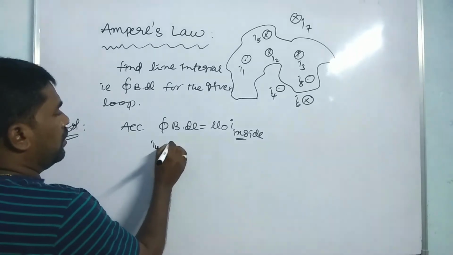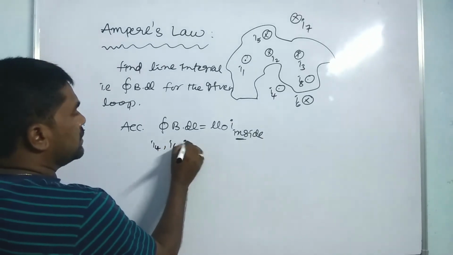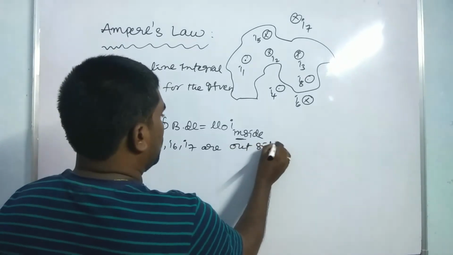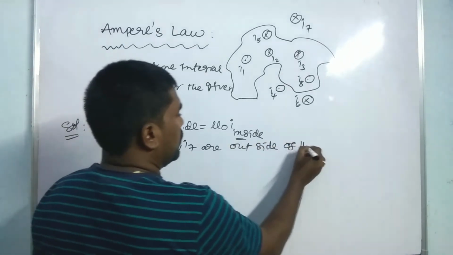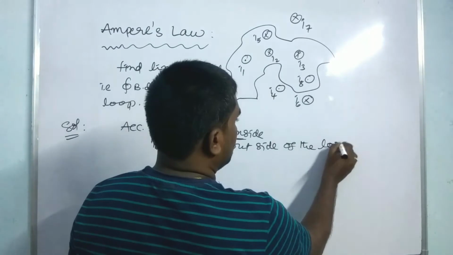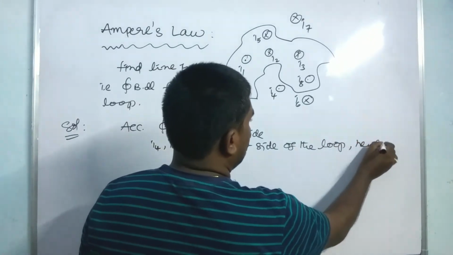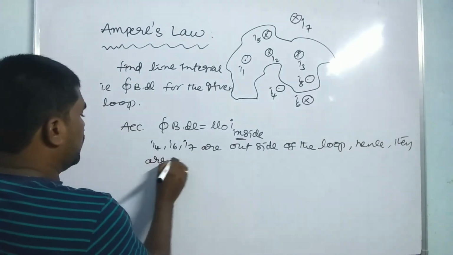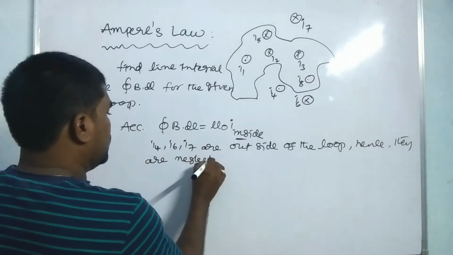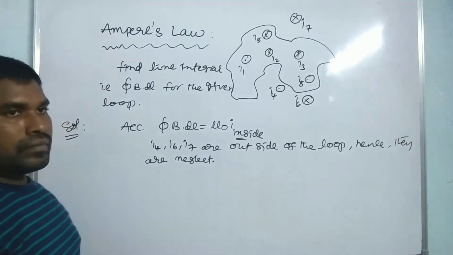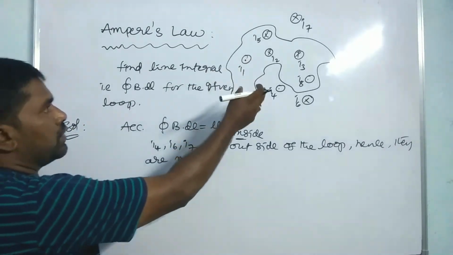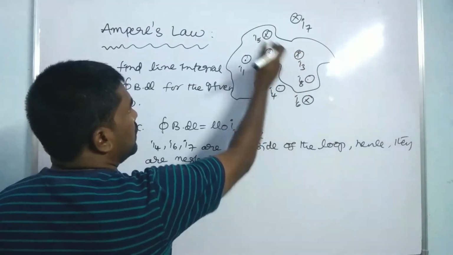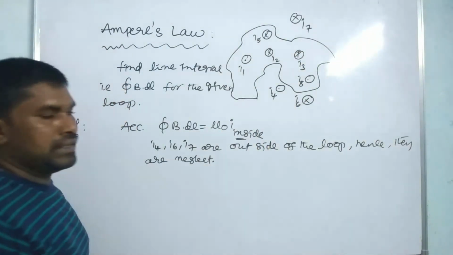I4, I6, I7 are outside of the loop, hence they are neglected. The remaining wires inside the loop are I1, I2, I3, I5, I8.